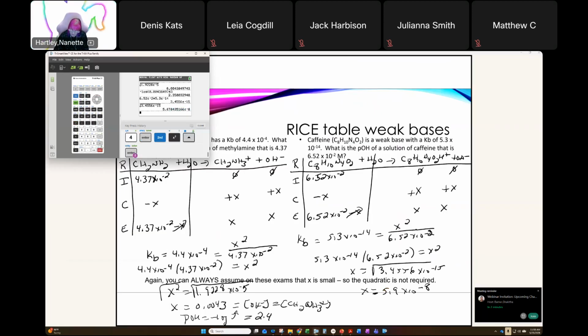And that, of course, is equal to the OH minus concentration. So if I wanted a pOH, that's equal to the negative log of that value, and that gives me 7.2.